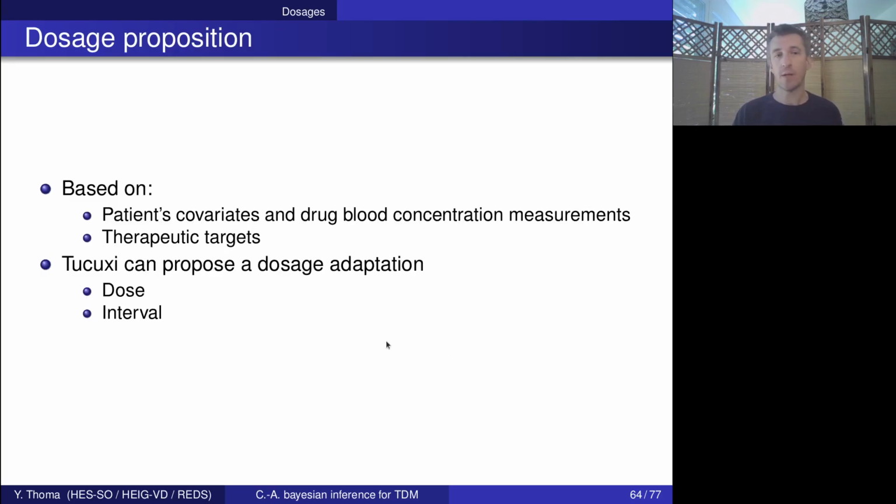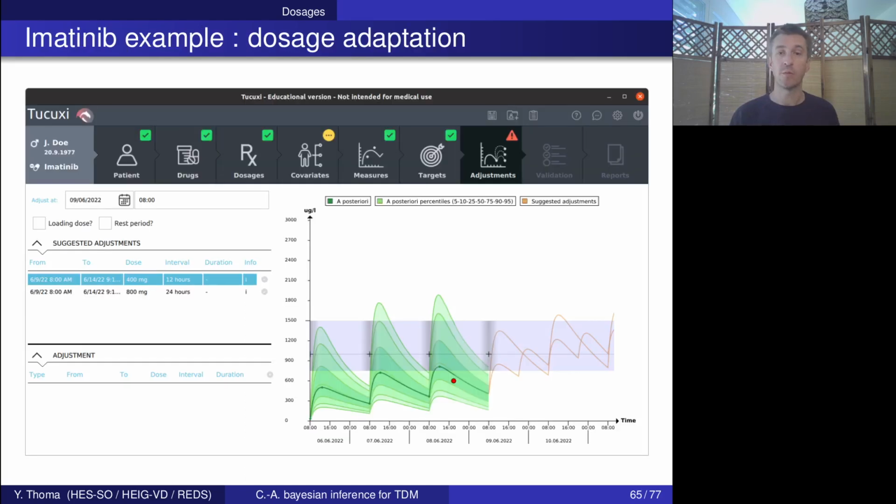And so the software can take information from our drug models about the available doses, the available intervals, to try to propose something. And here we have two propositions that would end up within the correct range. The best one would be to choose 400 milligrams every 12 hours, but it should be quite all right to take 800 milligrams every 24 hours.